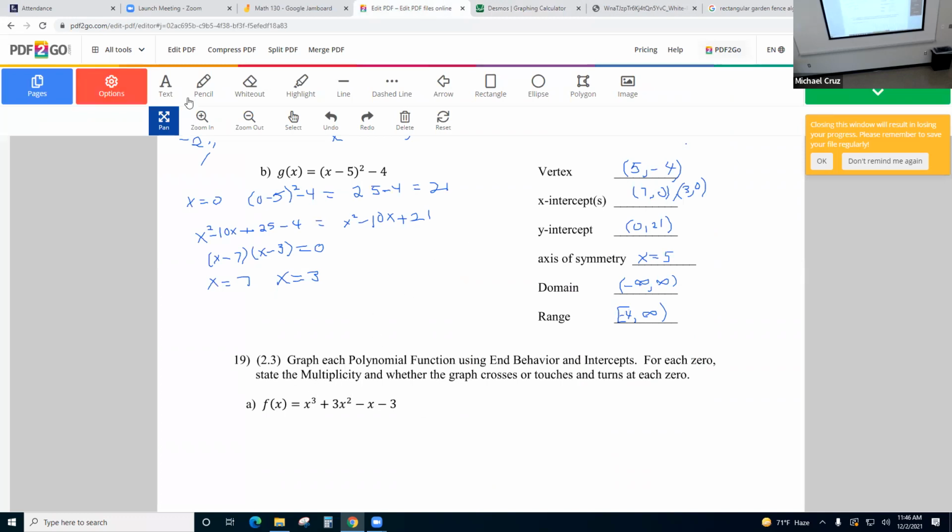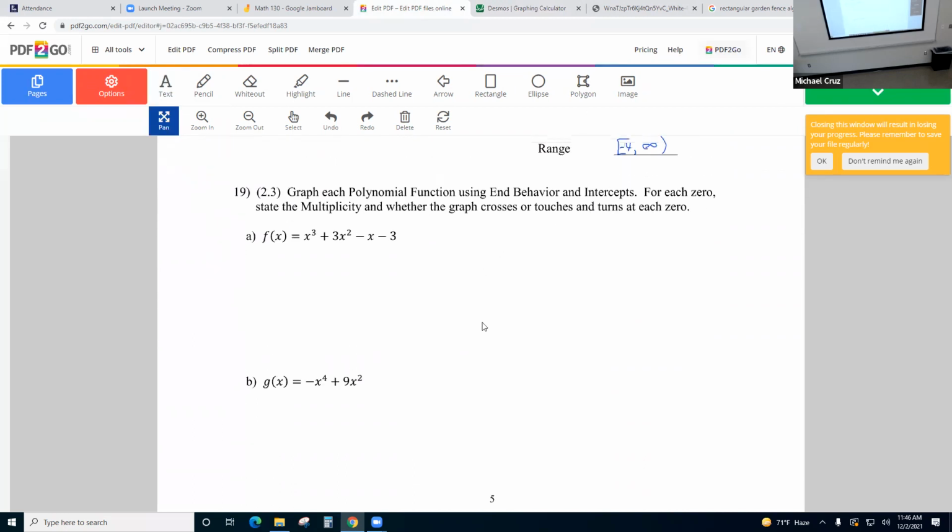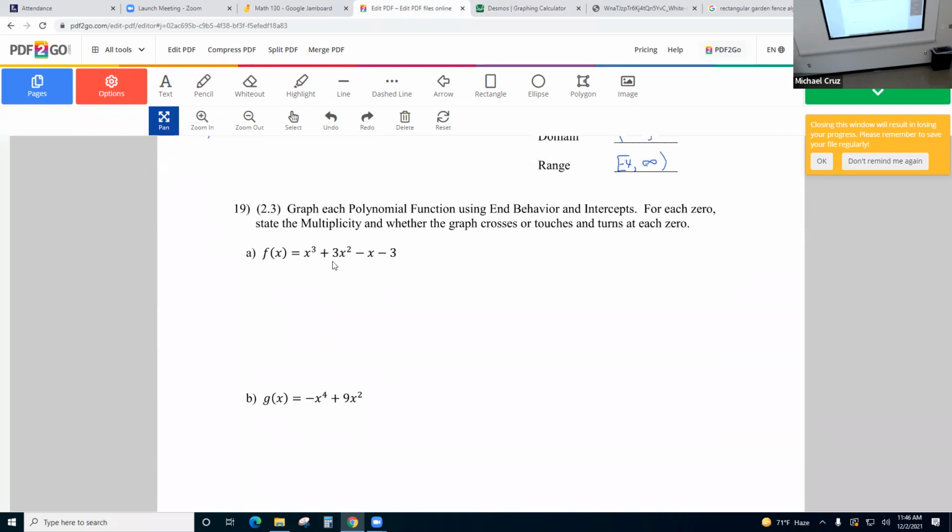All right, so this is that multiplicity thing. So the way this works, if you remember, the odd powers, and this is what they call the multiplicity, mean that this thing crosses the axis.